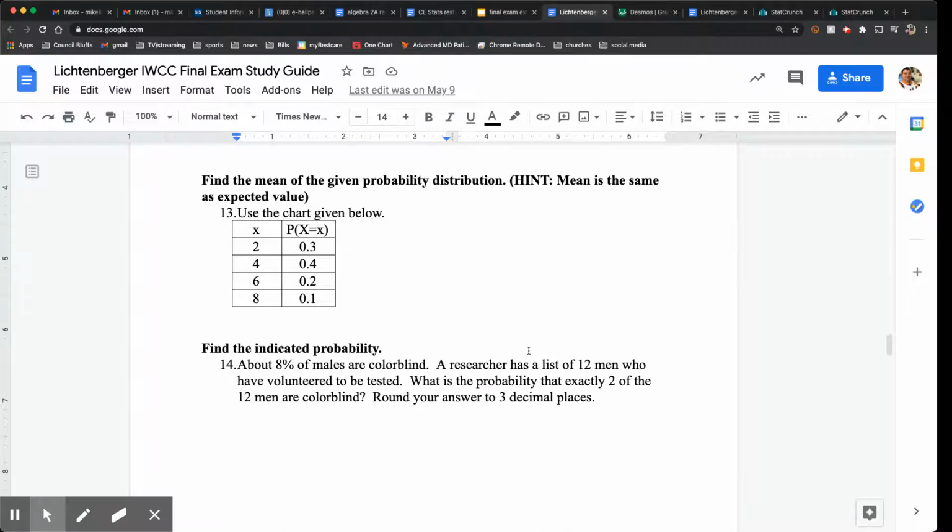Okay. Number 13. Find the mean of the given probability distribution. Mean is the same as expected value.